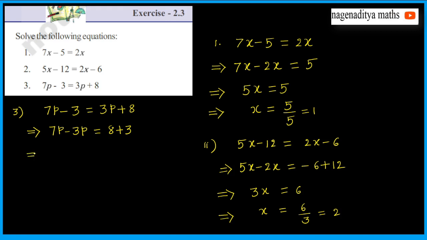So this implies 7p minus 3p is 4p. So 4p is equal to 8 plus 3 is 11. This implies p is equal to 11 by 4.